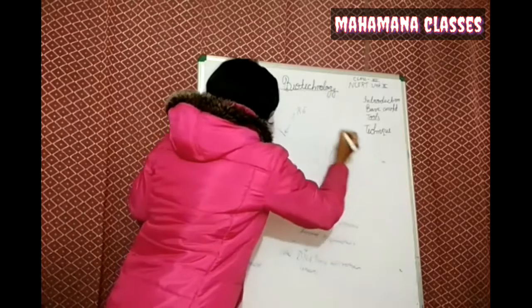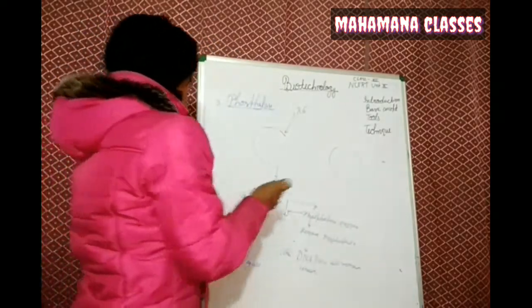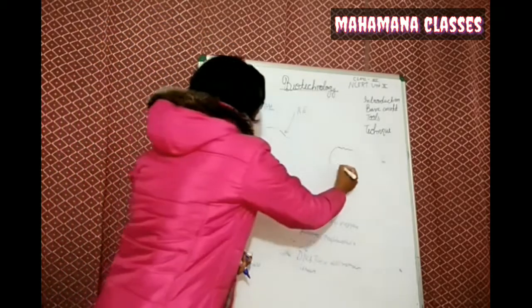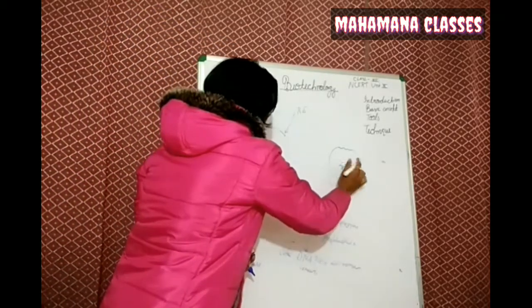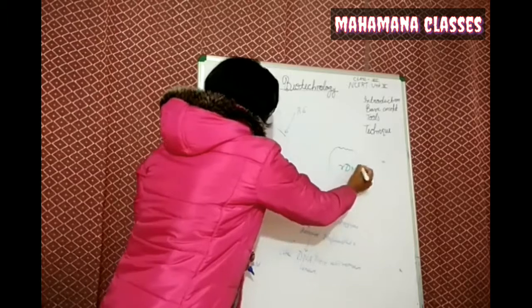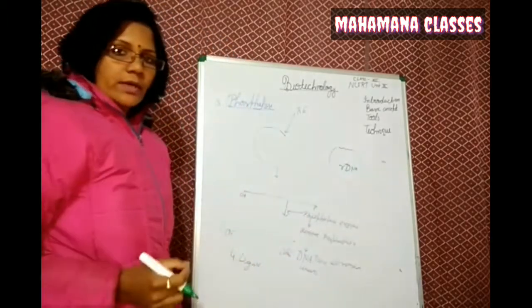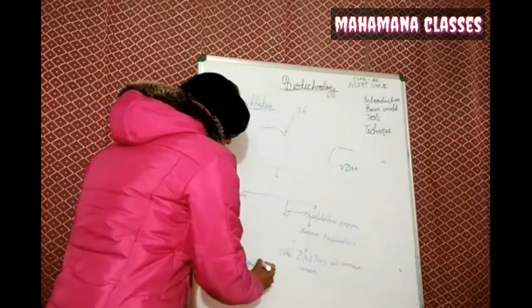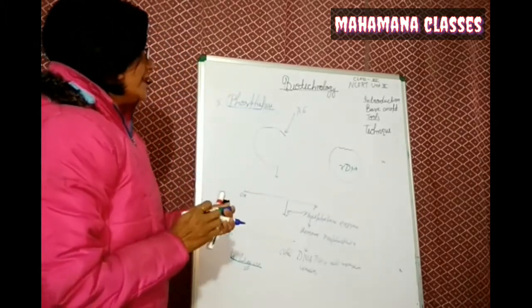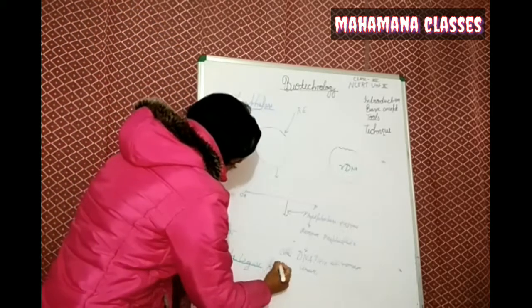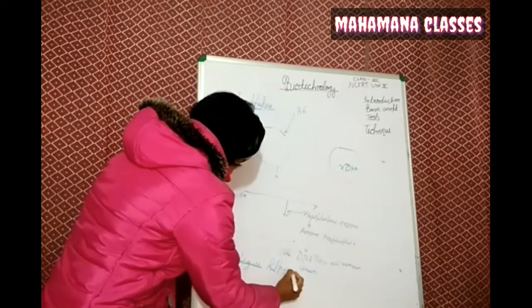It is a plasmid, and it is the desired piece of DNA, so that we can get our recombinant DNA. To get this, we have to join it. This ligase enzyme helps in joining the DNA pieces.